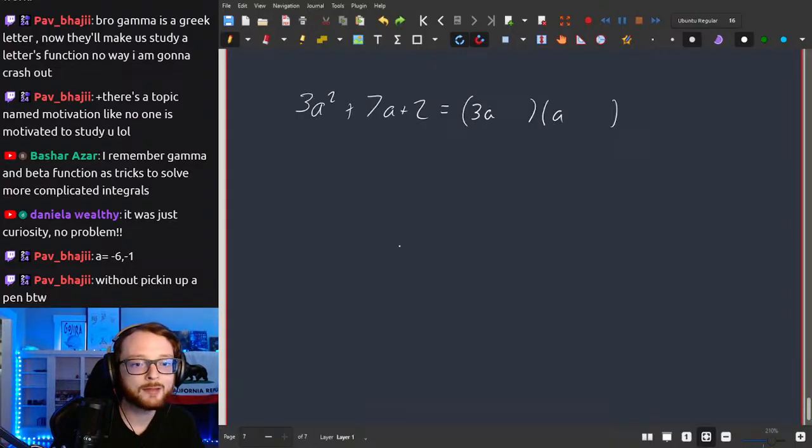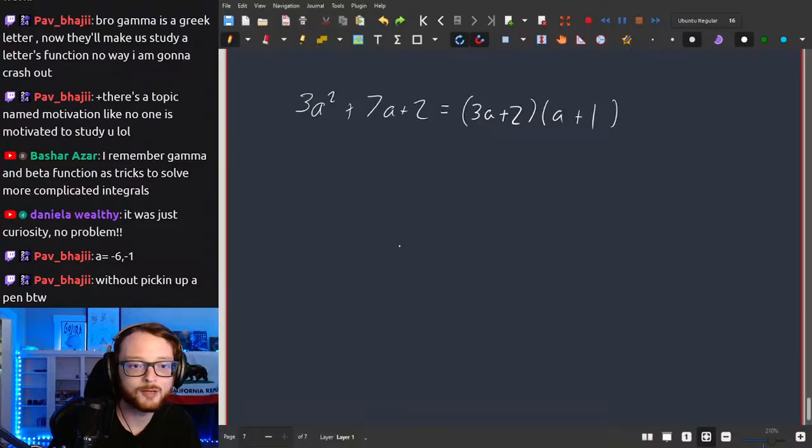Now, I also know that whatever goes here times whatever goes here should equal positive 2. So the only options there are 1 and 2. And so now it becomes a game of mixing and matching. I'm going to guess that it looks like this, and multiply it back out and see if it matches. I think I intentionally chose the wrong one.